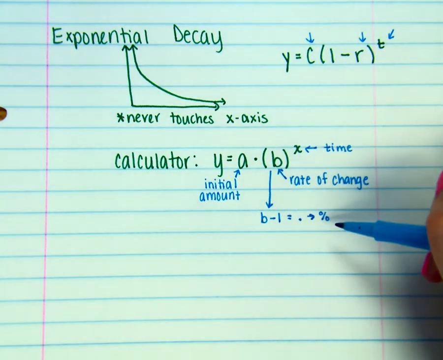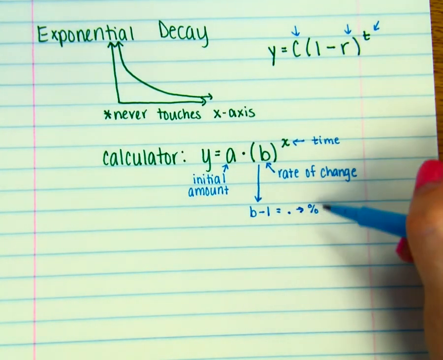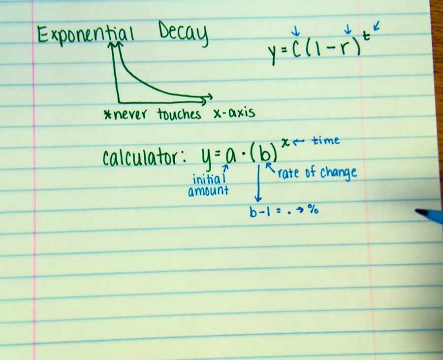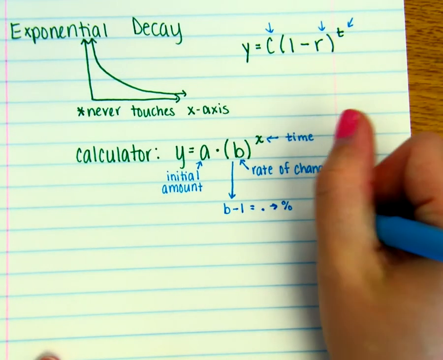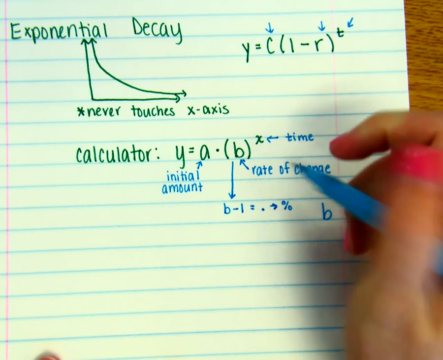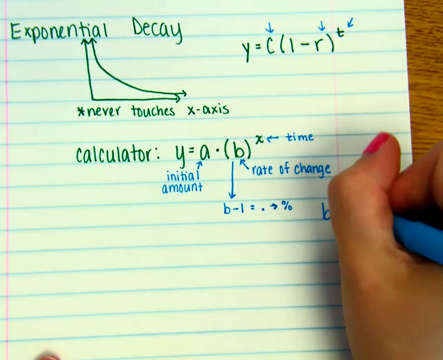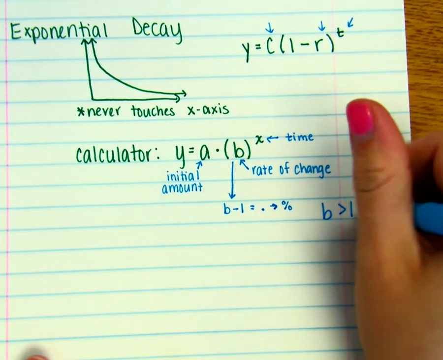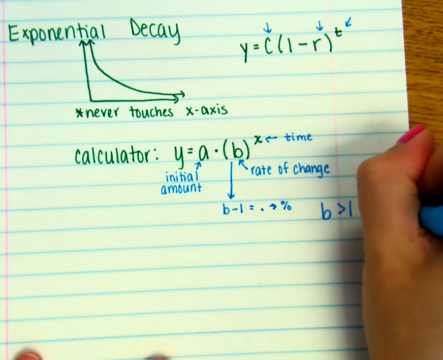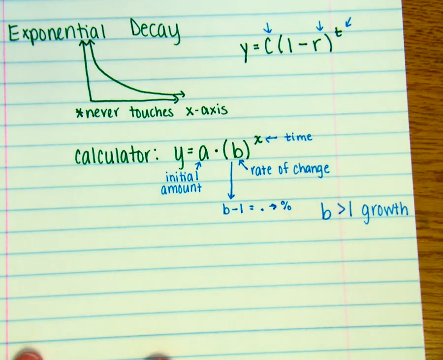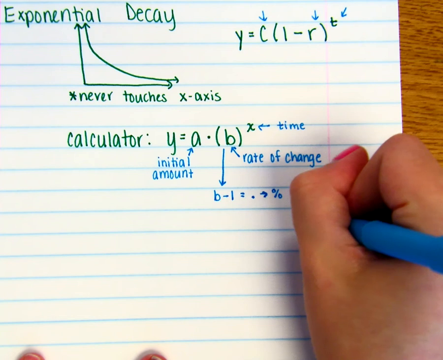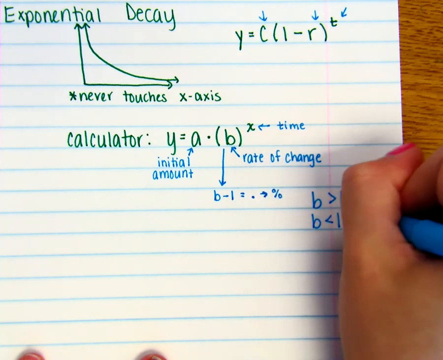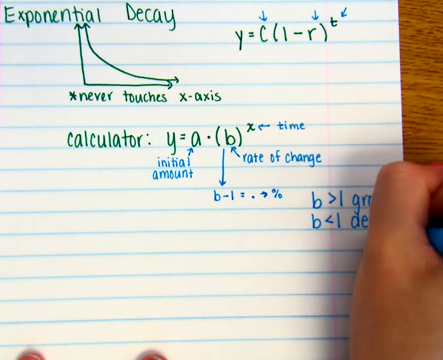And that'll be our guide to tell us if it's a growth or a decay. If that b value is greater than 1, it's going to be a growth. If this b value is less than 1, it's going to be a decay.